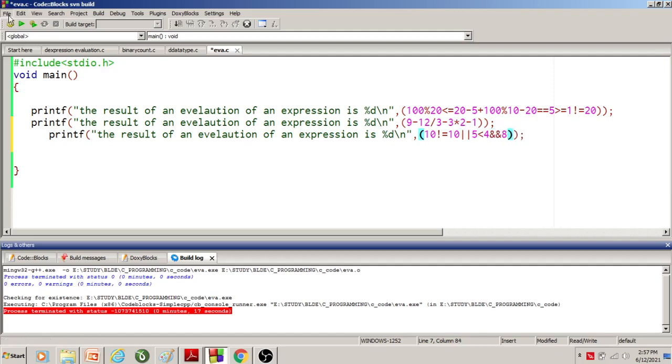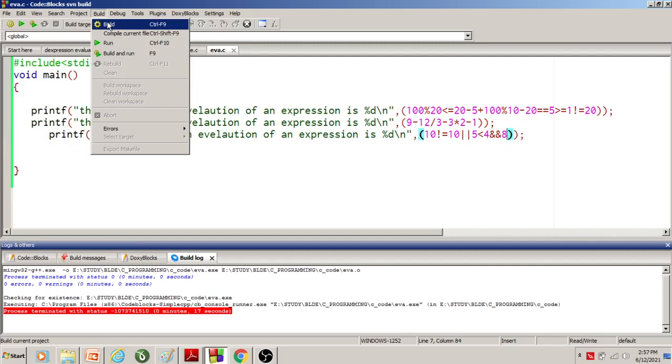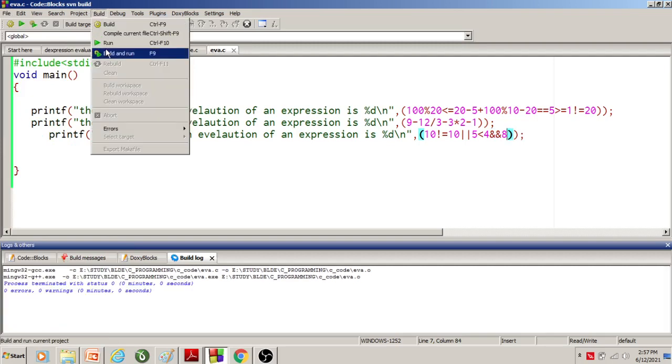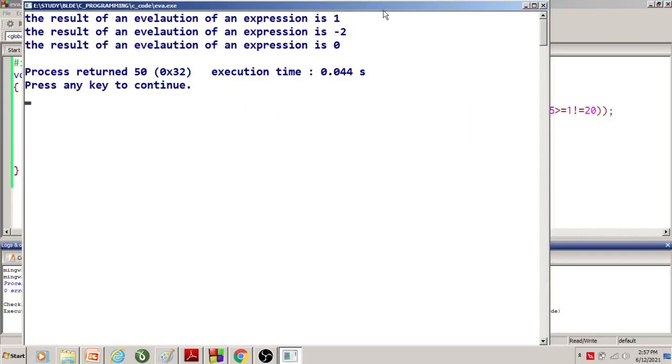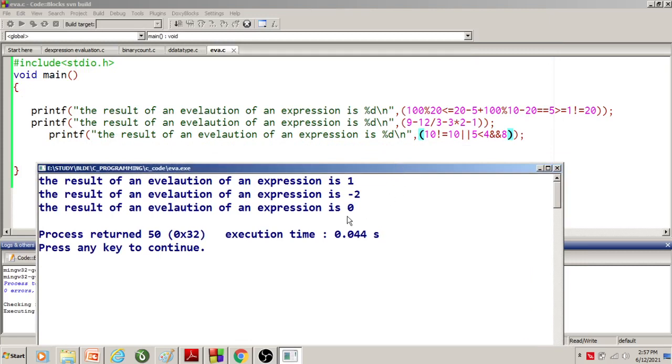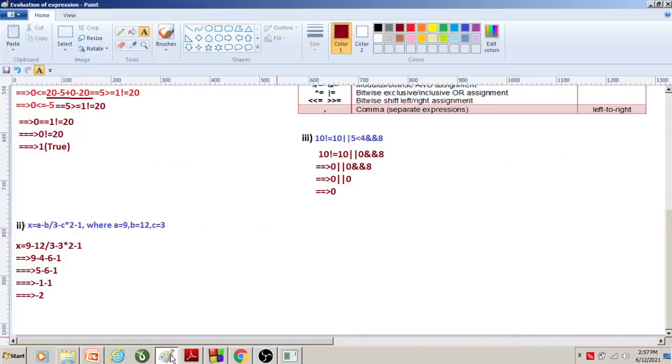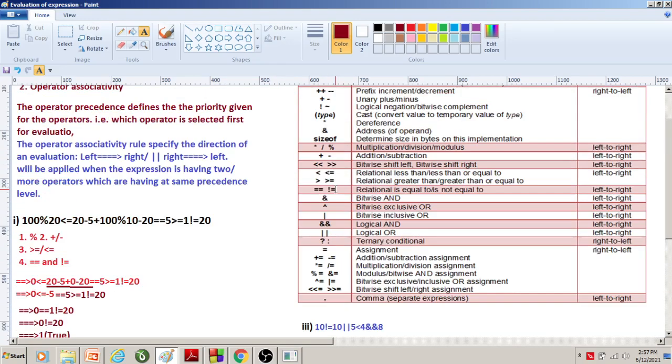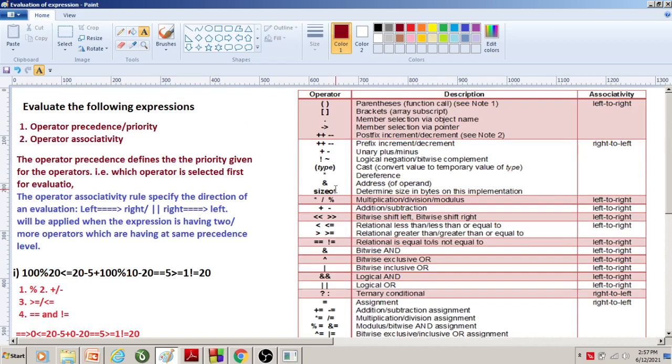This is my third expression. I save this, build, and run this code. The third expression evaluation result is 0. So we have also obtained a result of 0, which means our evaluation is correct because we have followed the notions of operator precedence or priority and operator associativity. Thank you.